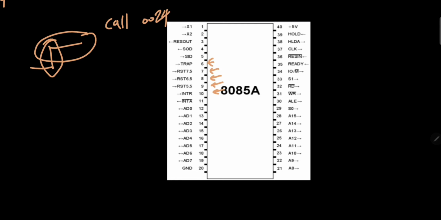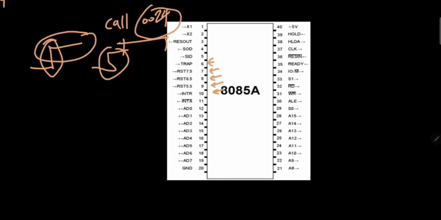These are hard coded in the CPU, that whenever the CPU sees the signal coming to the TRAP being high, it would push the value currently inside the PC onto the stack and would load the PC with the value of 0024.